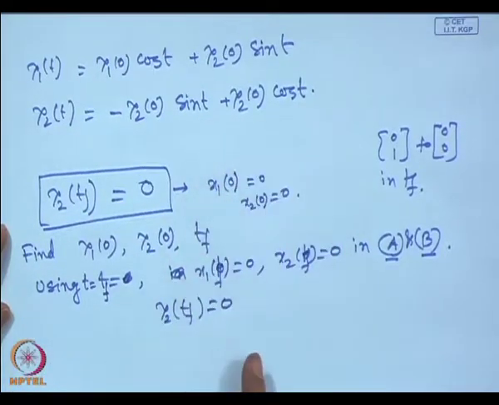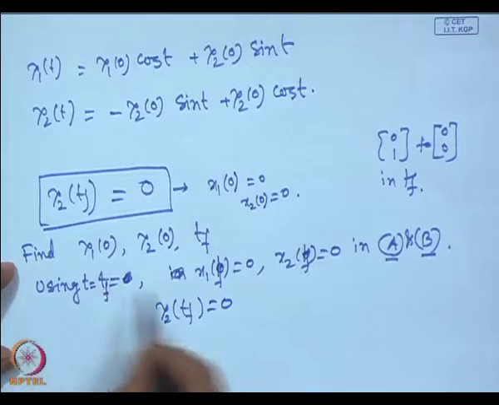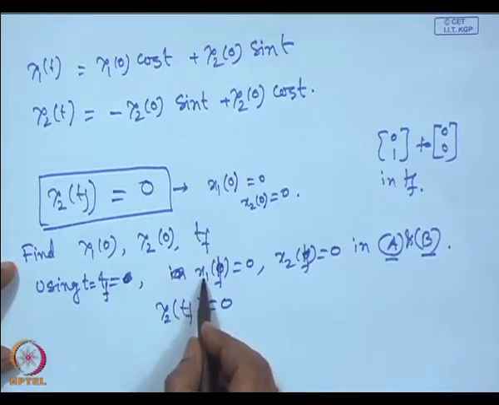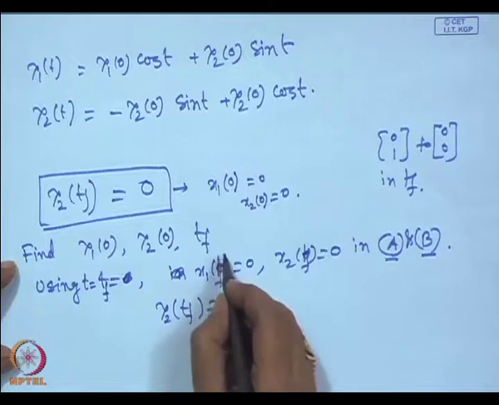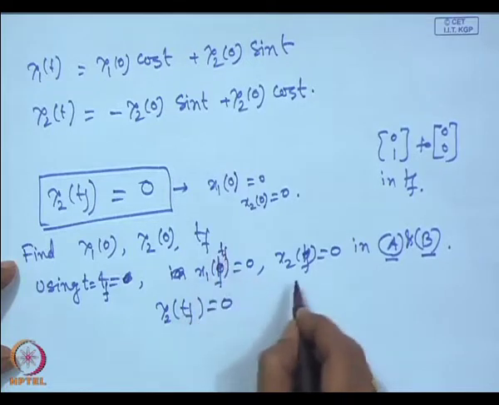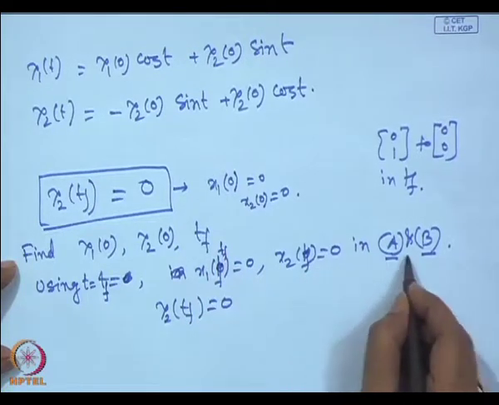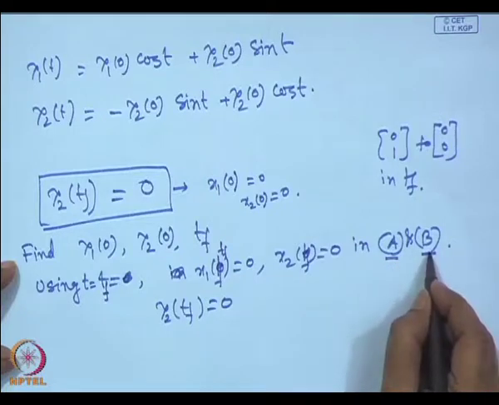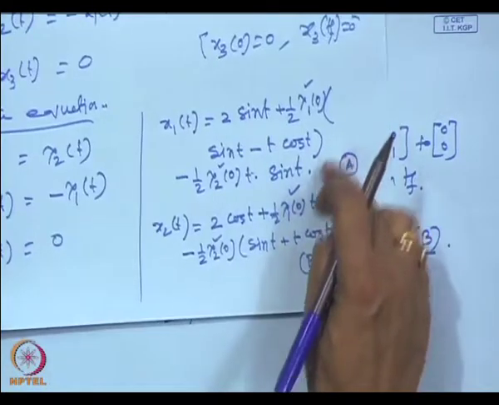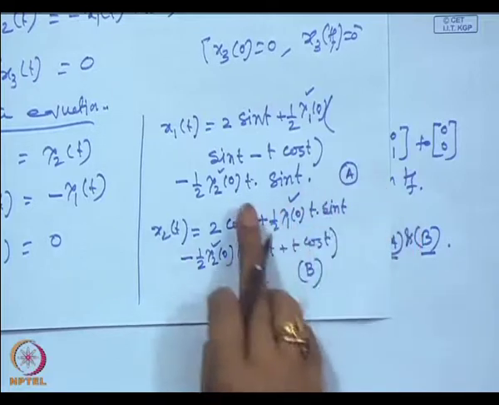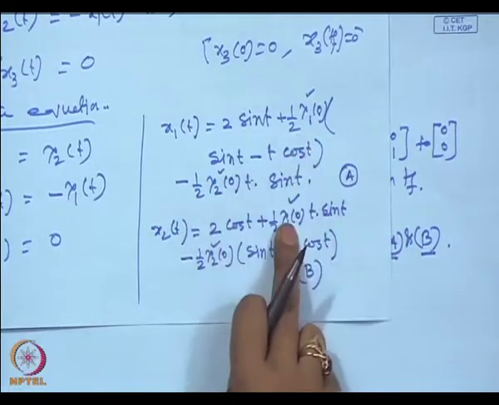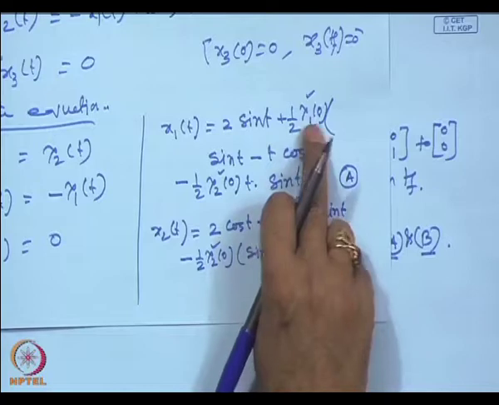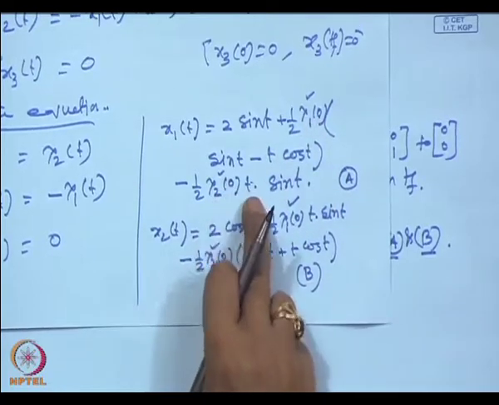Agree? So, using T is equal to T f in x 1 T f, x 2 T f equal to 0 in equations A and B, we will get 2 equations but 3 unknowns. What are the 3 unknowns? Lambda 1 0, lambda 2 0 and T f.